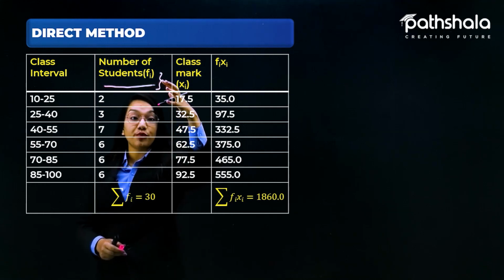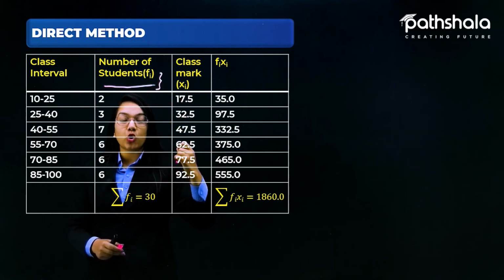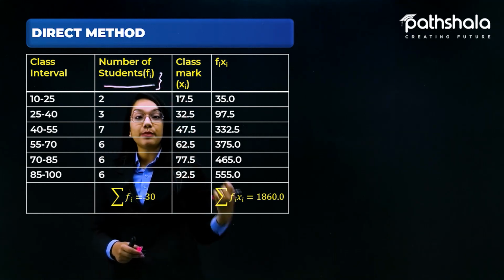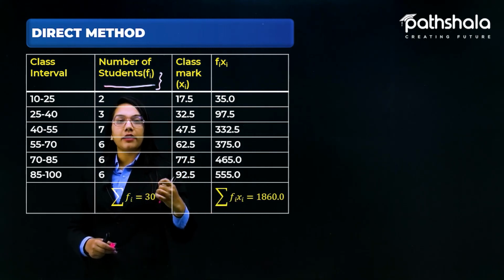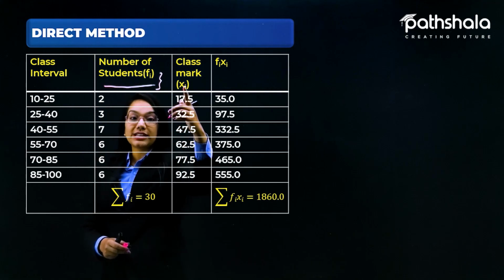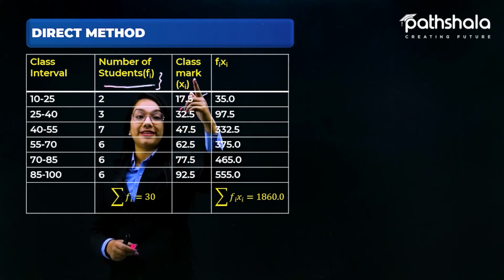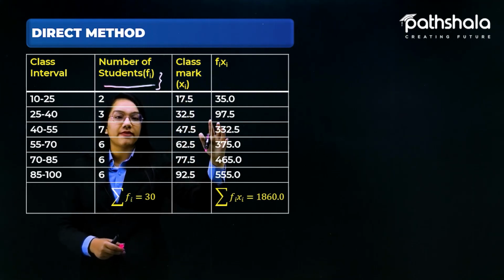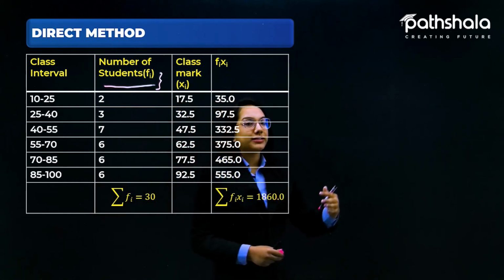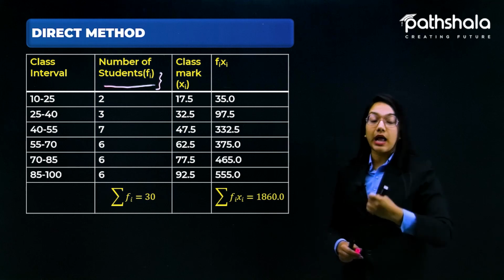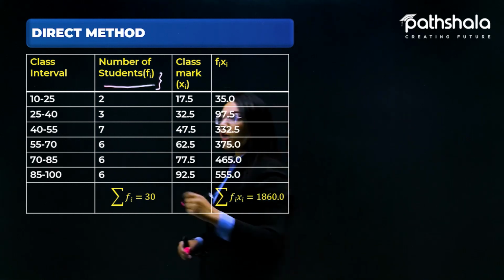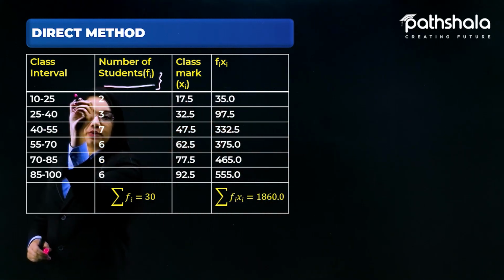Now let's find the midpoint, which exists as a representative of the class interval. We know how to find the class mark. Class marks are always represented by Xi. Always remember this fact. Let us take the very first class, which is 10 to 25.